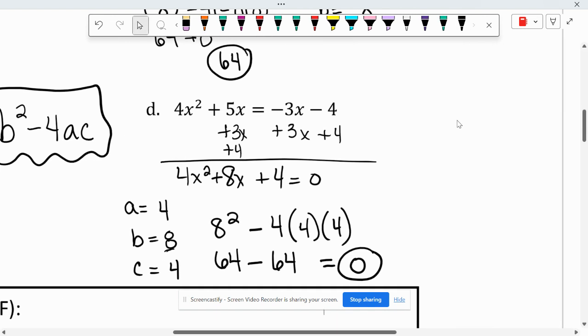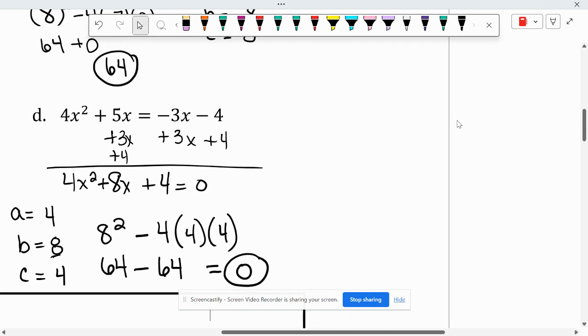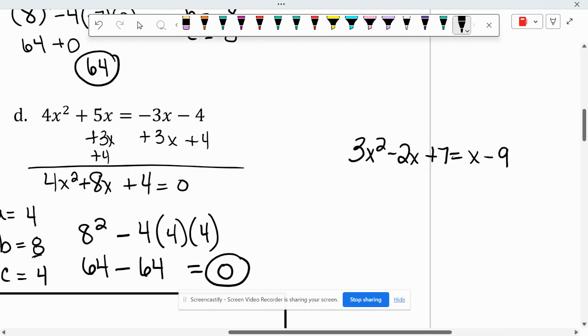Okay. I'm going to make one up. Just going to make up a quadratic function. And I want you guys to put that in standard form and find the value of the discriminant.